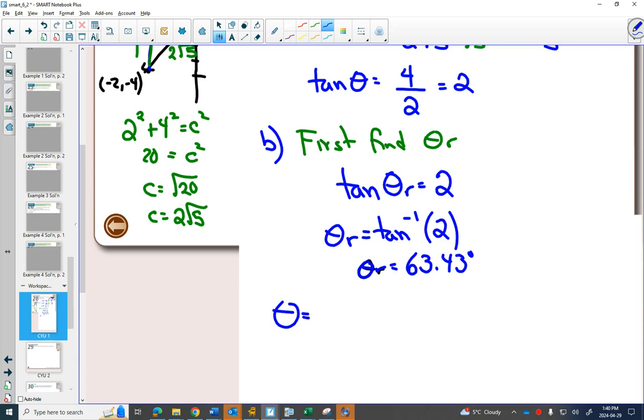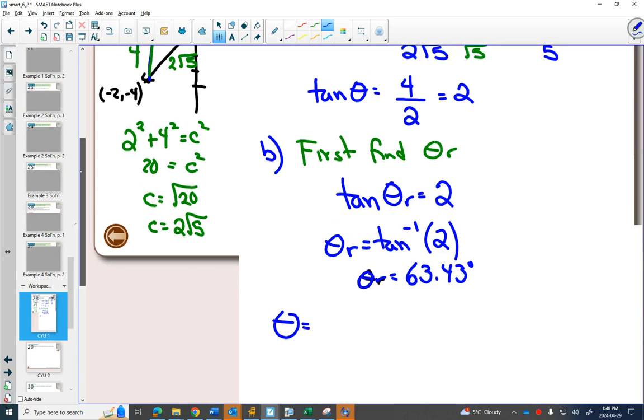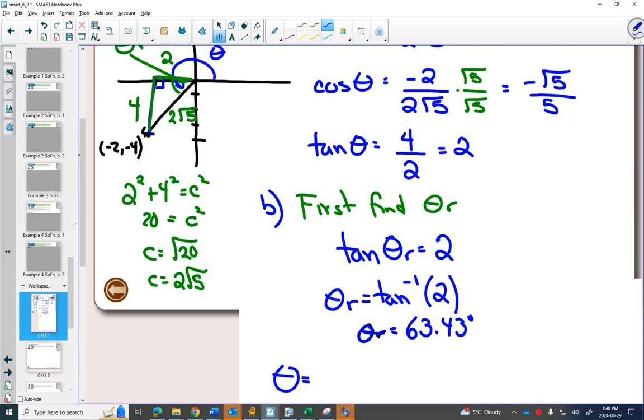So my actual angle, if this reference angle is 63, what is the big blue angle going to be? Can you see that you have to go 180 plus your reference angle? I might write that out first. Some people memorize that as a formula for quadrant 3. I think if you just look at the picture, you don't have to memorize it.